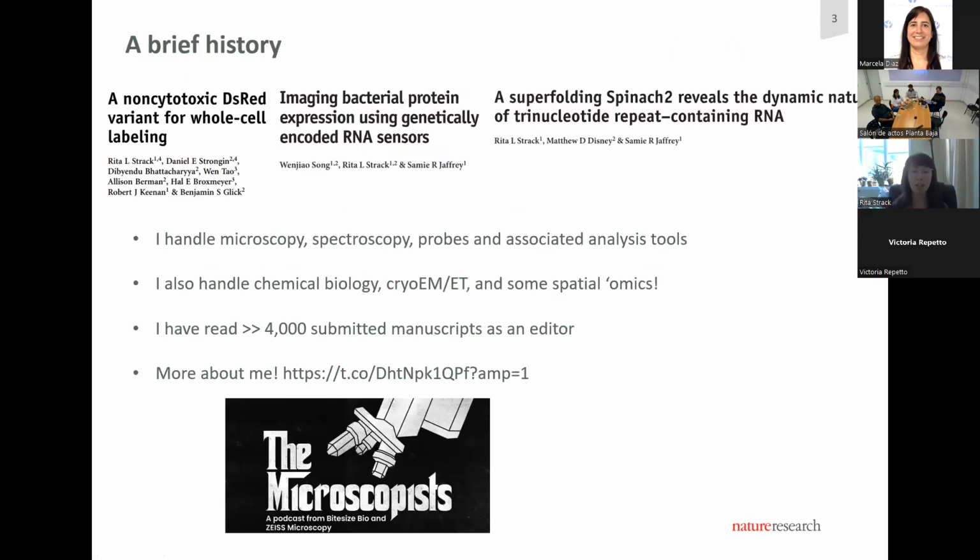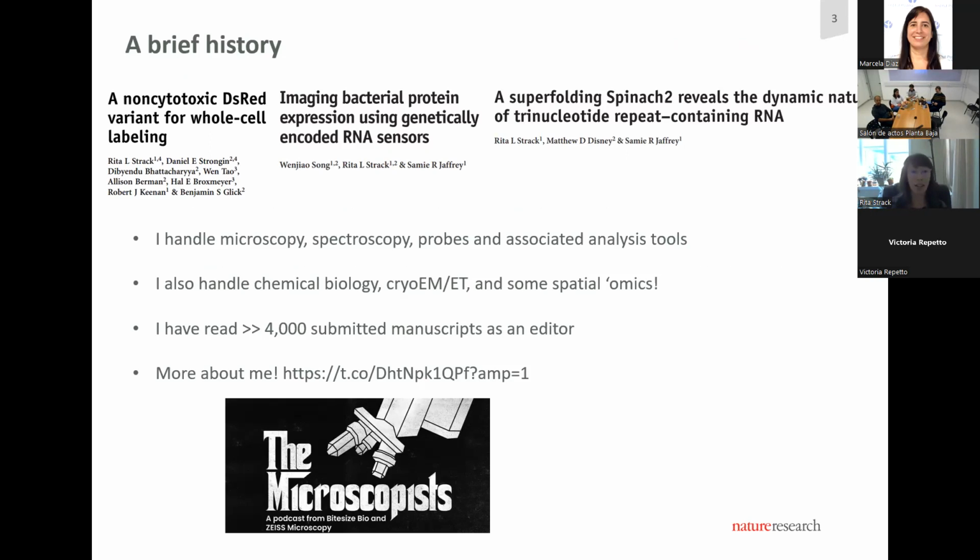When I was at the bench, I had 3 first author papers in Nature Methods. They're shown here. This does not make me a perfect judge of what should be in the journal, but it did really give me a sense of what the experience is like working with editors at Nature Methods and what it's like from the author side to go through these papers from front to end.